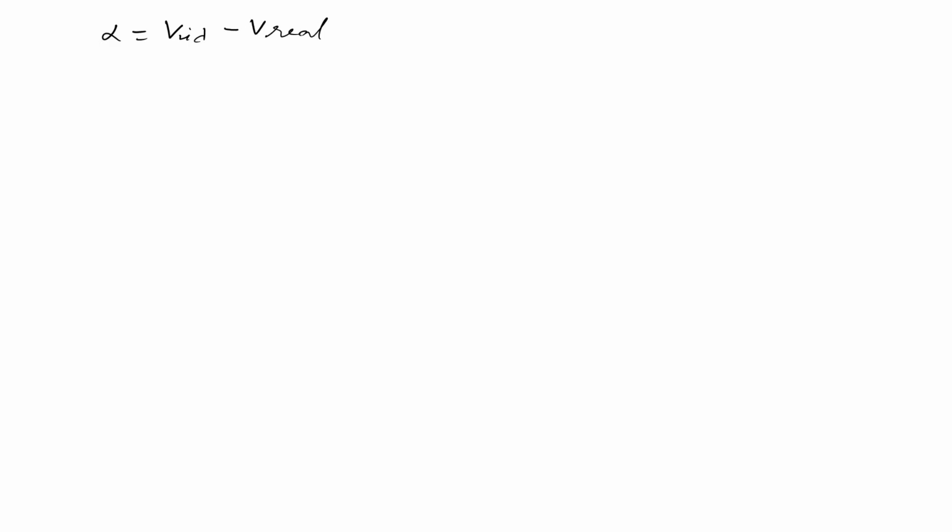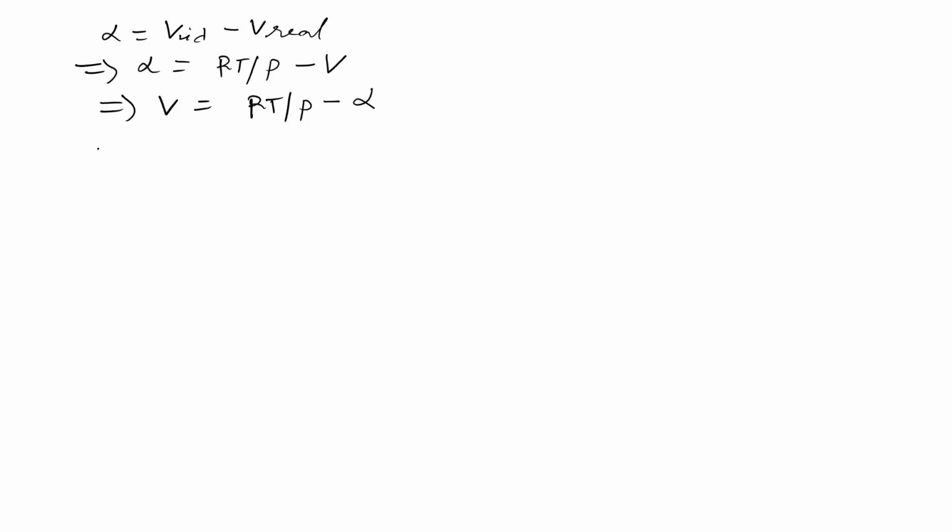In place of V ideal we can write RT by P, so alpha is equal to RT by P minus V, that means V real for the real gas. Therefore, we can write V is equal to RT by P minus alpha.